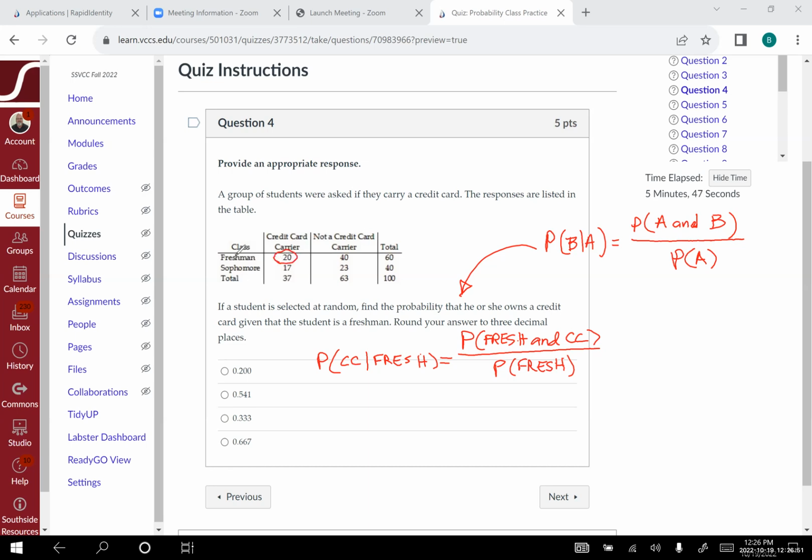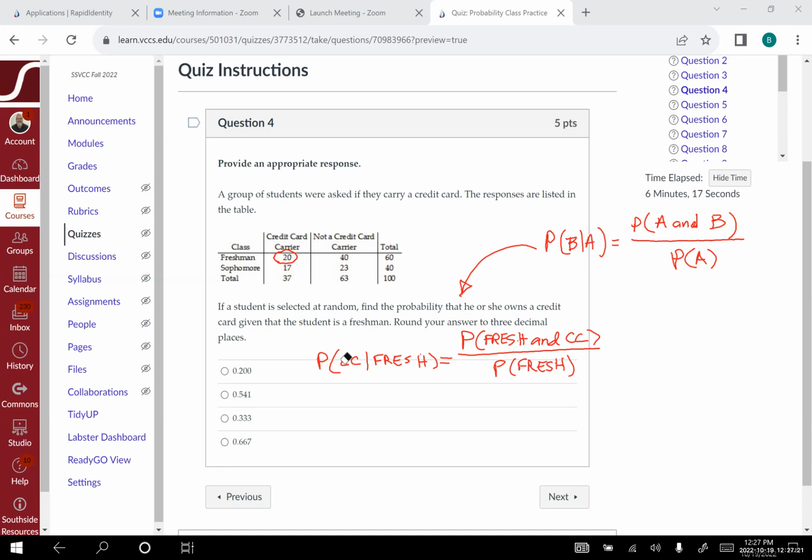But that's not the end answer. This is not the answer, it's just our numerator. I used to say, okay, there it is, I'm done, but it's not so simple.